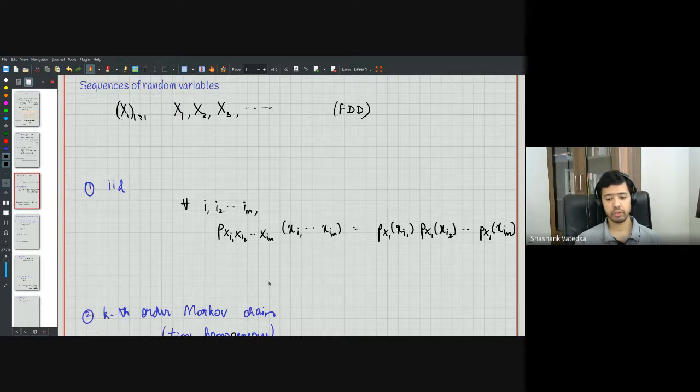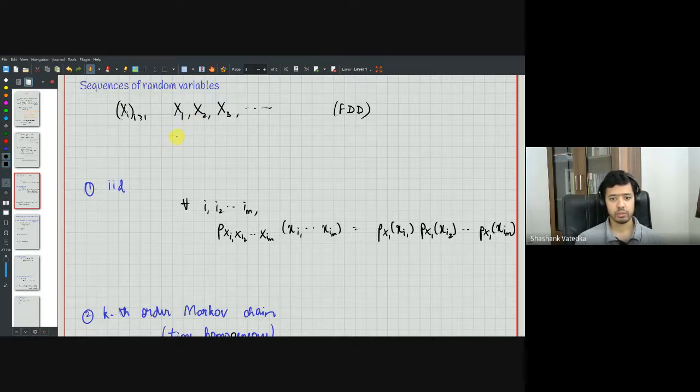Now, of course, you've already seen convergence of sequences of deterministic quantities. So you know what the limit is, we've seen what the lim sup is and what the lim inf is. But when you have a sequence of random variables, it is not clear what is meant by convergence. And in fact, there are different notions of convergence, as we'll see in a minute.